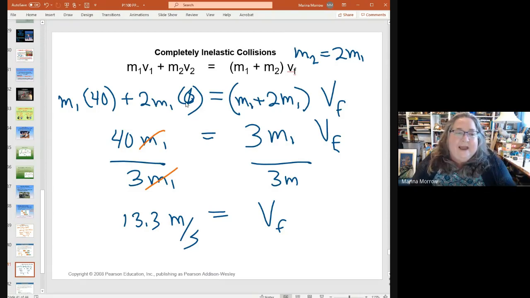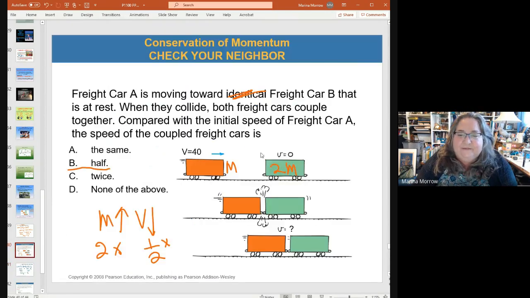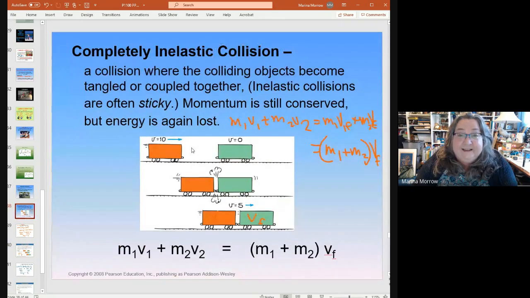Okay, so one way I like to figure this out is what I call the party system. Let's go back to this original one. Let's say you were going to a party and one other person was at the party. You brought 10 cookies. The other person brought 0 cookies, but you're very nice, so you're going to share your cookies.